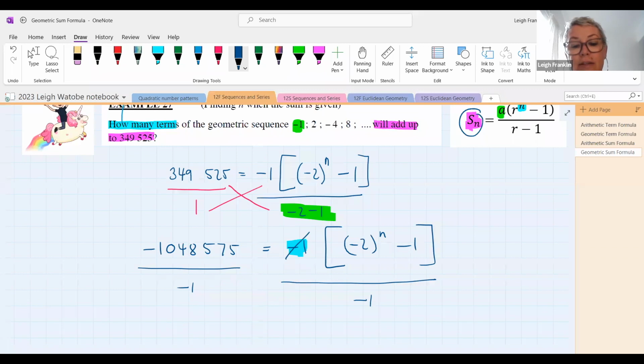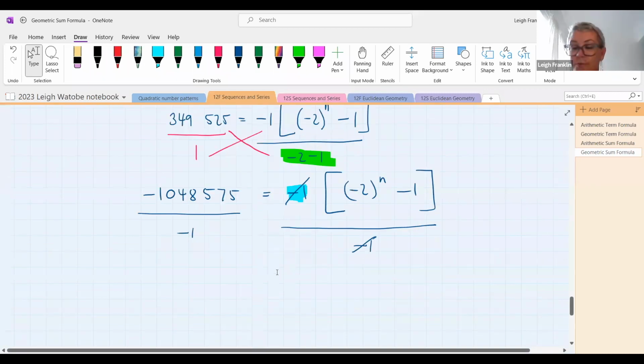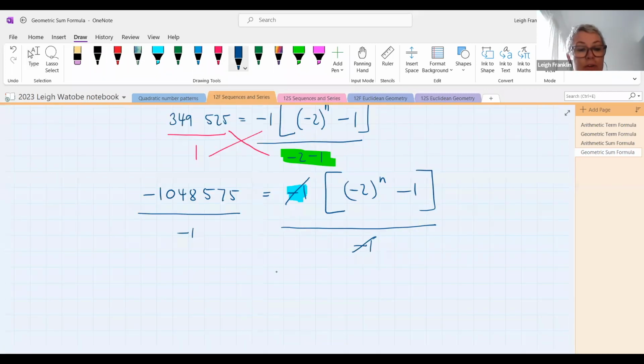So that's going to cancel. And here, a negative divided by a negative is going to leave me with a positive. So now I have positive 1,048,575 is equal to -2 to the n minus 1.